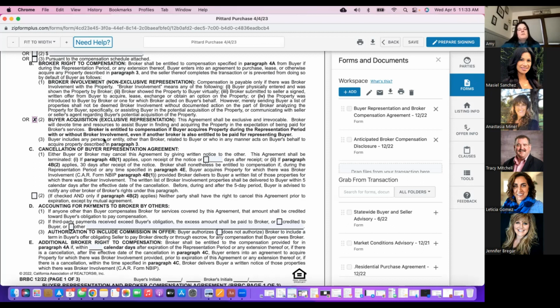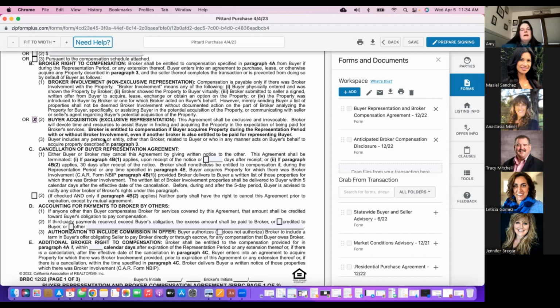Either the buyer or the broker may cancel this agreement by giving notice to the other. Okay, by giving written notice to the other. The agreement shall be terminated if paragraph 4B1 applies upon receipt of the notice or blank days after receipt, but we know that 4B1 is not going to apply. It's going to be 4B2.